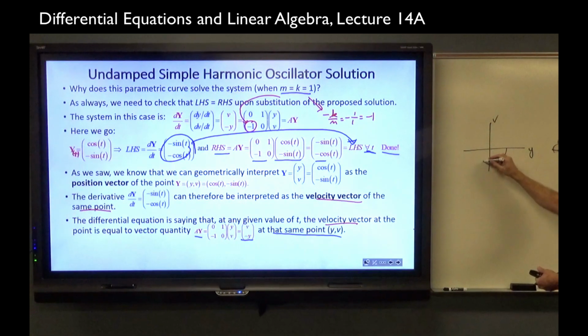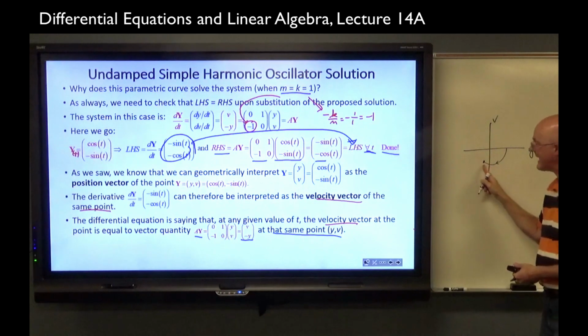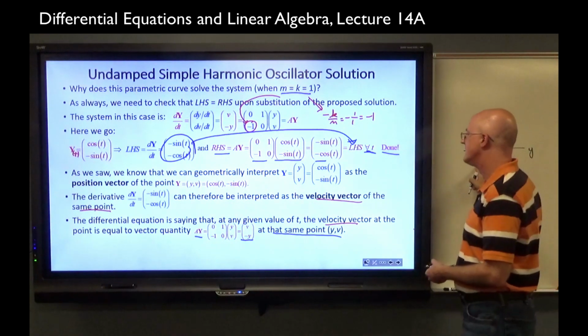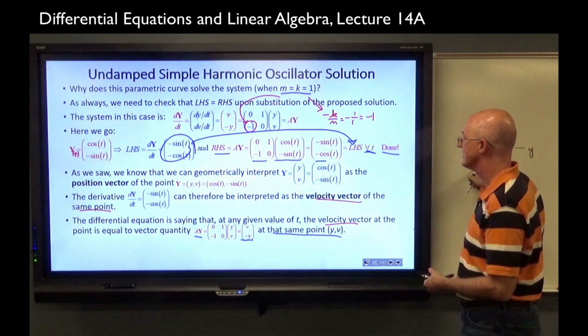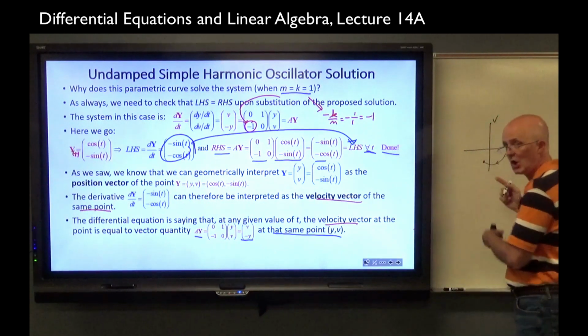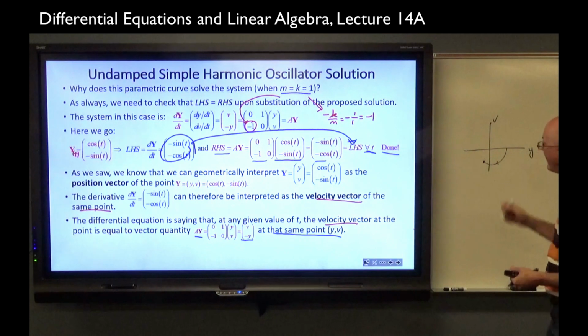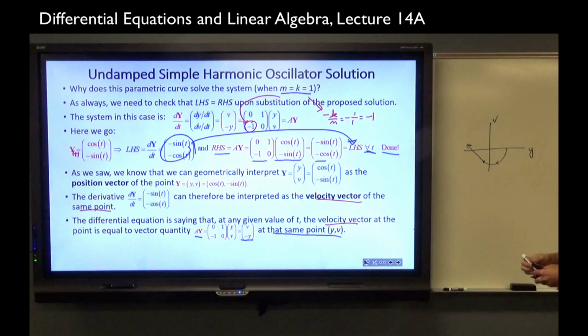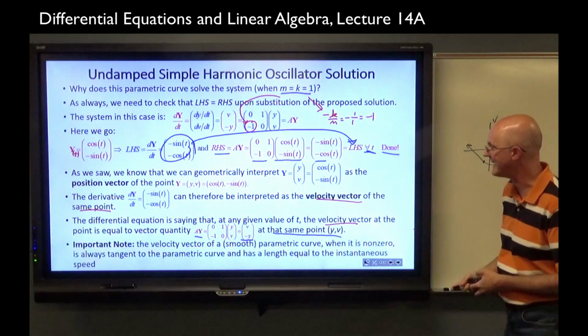Say we're at a moment in time where the dot happens to be right there. The velocity vector for the curve at this point will look about like this. It's going to be tangent to the curve. In fact, that's what I say here next.